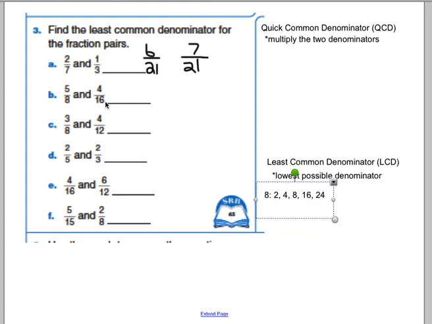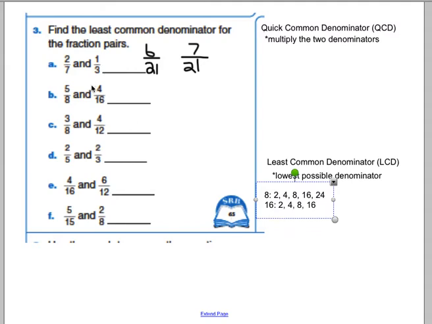Now, I don't know if that's the least possible yet, though. Let's take a look at the factors of 16. 16, besides 1, has factors of 2, 4, and 8, and 16 also. So, they match up really, really well. Now, 2 is the least of those.